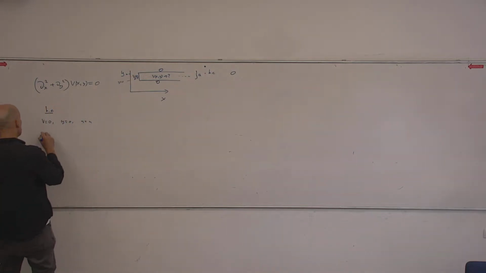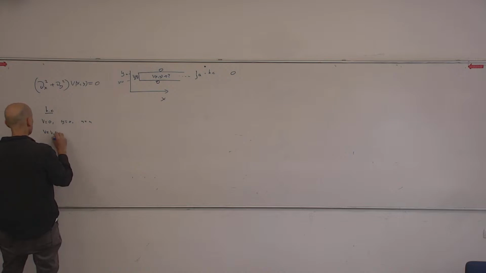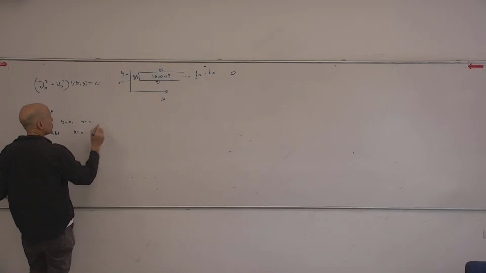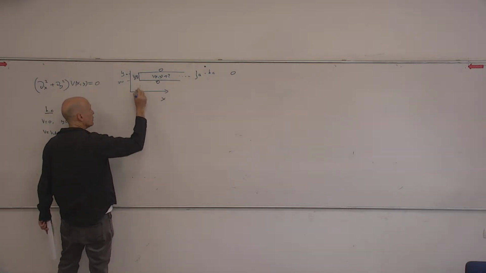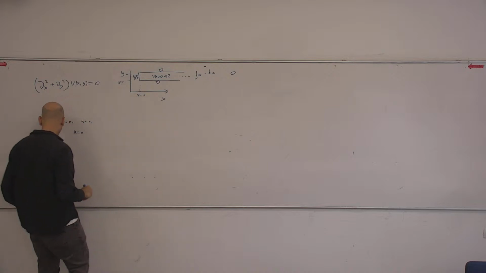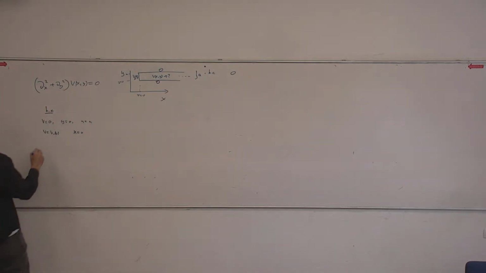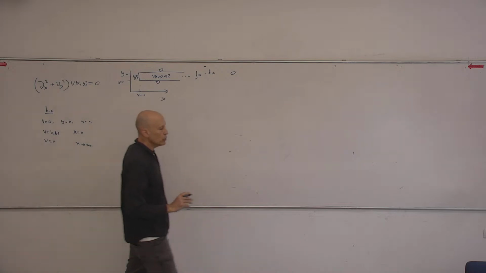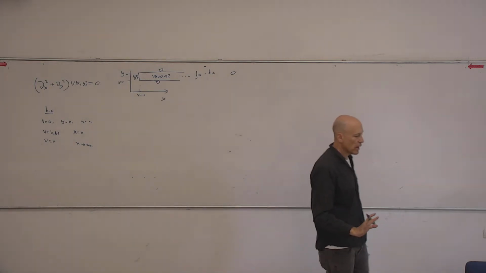And V equals V0(y) when x equals 0. So this point here is x equals 0. And of course V is equal to 0 when x goes to infinity. So these are the boundary conditions. Now the problem is well defined, and now we can solve it.